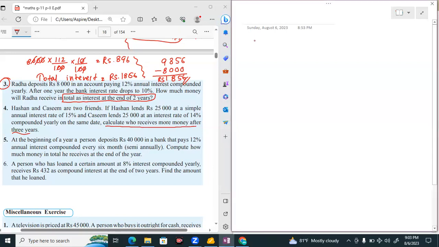Let's calculate for Hashan first. No, interest first. First of all, we have to calculate the interest for 3 years.